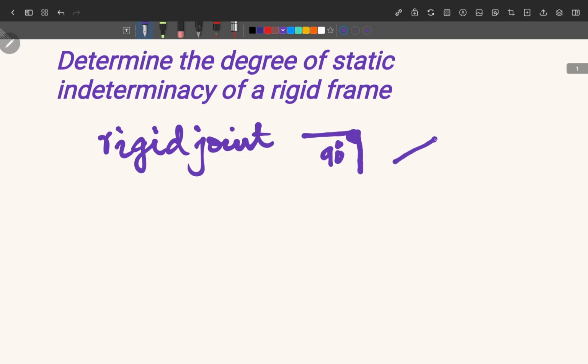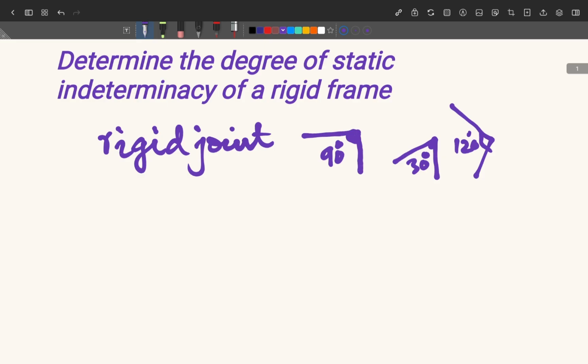Similarly, if the angle between two members is 30 degree, that will remain 30 degree after loading. Or if it is 120 degree, that will remain as 120 degree after the loading. That means the angle between the members will not change, it will remain constant after the loading. That joint is known as a rigid joint.